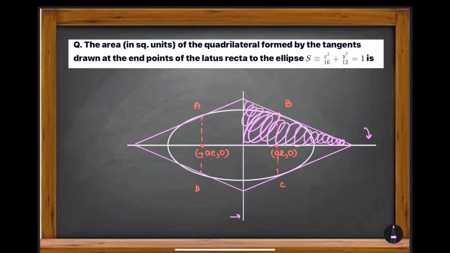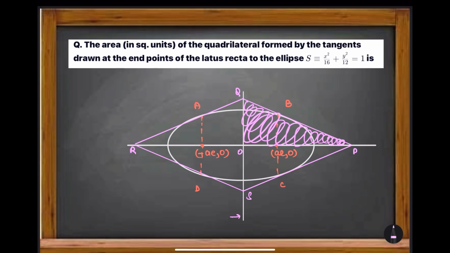For that I have to find the first tangent, and then only we will find the coordinates. Suppose the points are P, Q, R, S. So we will go with triangle PQO, find the area of this triangle, and then multiply it by 4.